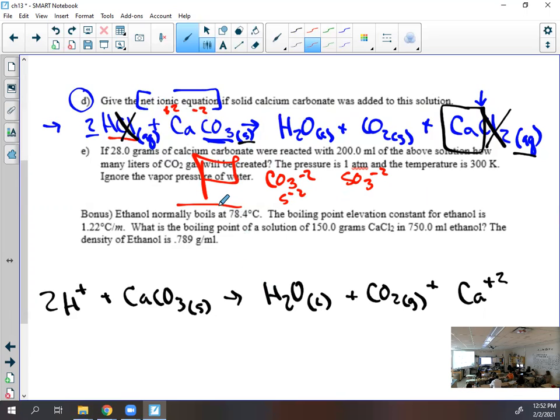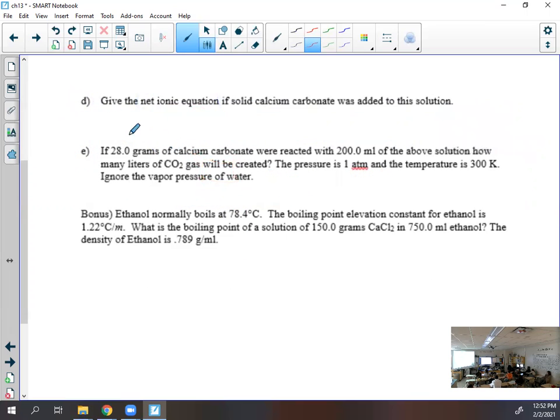Okay, now let's look at E. I'm not going to do E all the way through here. So we're using this equation essentially. If 28 grams of it reacted with 200 milliliters of the above solution, how many liters of CO2 would be created? The pressure is 1 atm, 300 K. Ignore the vapor pressure of water.